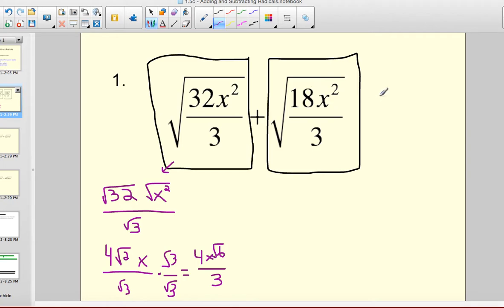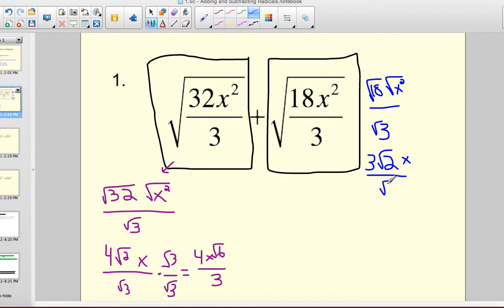Now over here, we're going to have the square root of 18, the square root of x squared again, and then over root 3. The square root of 18 is going to be the square root of 9, which is 3, root 2. And then again that x, because the index is 2, 2 goes into 2 once, so you take out x, there's no remainder.